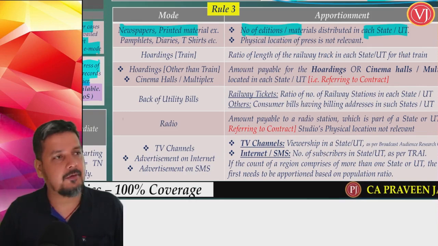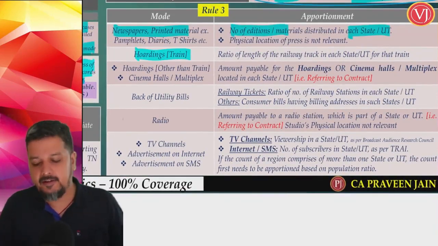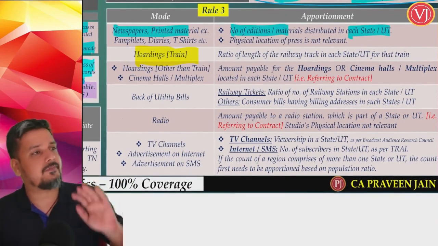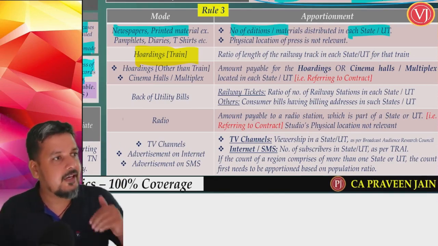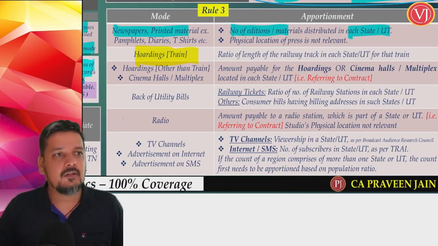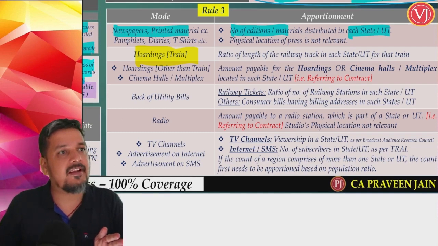I'll take another example. Say, for example, the advertisement by Tamil Nadu government is by putting the advertisement on a train. A train which is starting from Tamil Nadu but ending at Delhi. Advertisements are printed on the train. Don't you think that advertisement will reach multiple states? What is the place of supply?